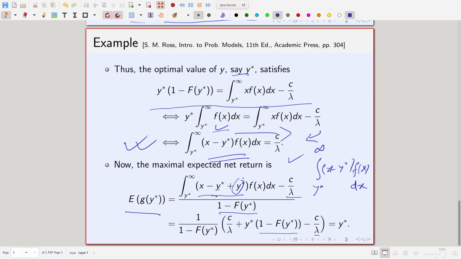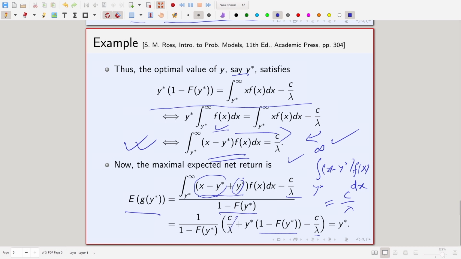So, the advantage of writing it in this way, with x minus y star plus y star, is that the first term I am getting is equal to c over lambda using this fact, and that is because this y star is the optimal value of y and it satisfies this relation, fine. So, we get this.